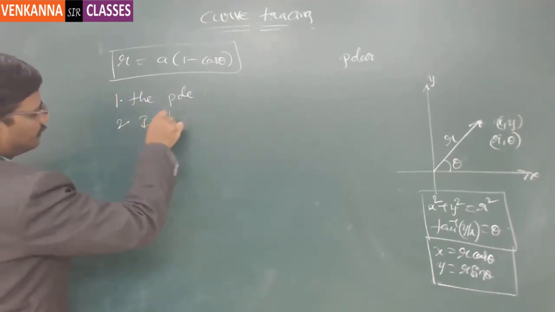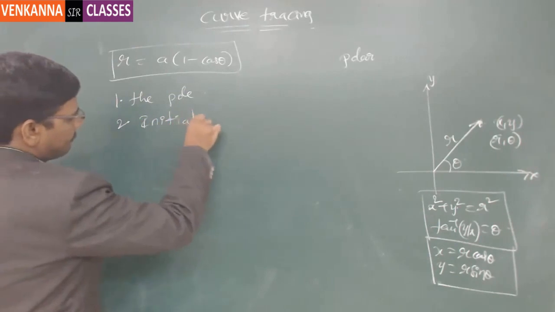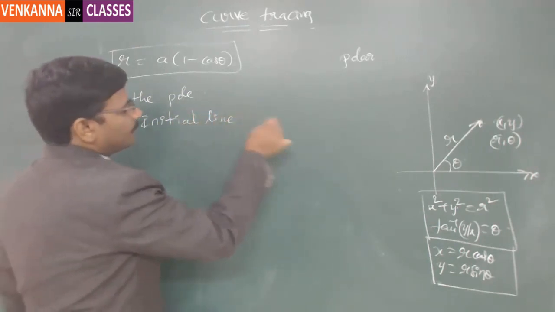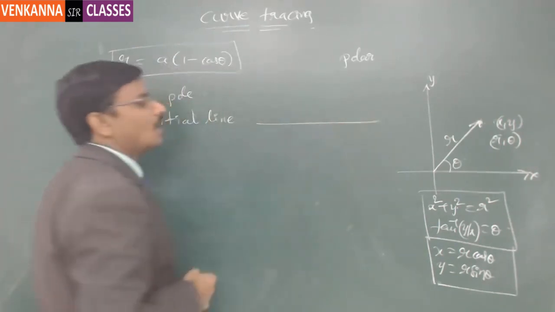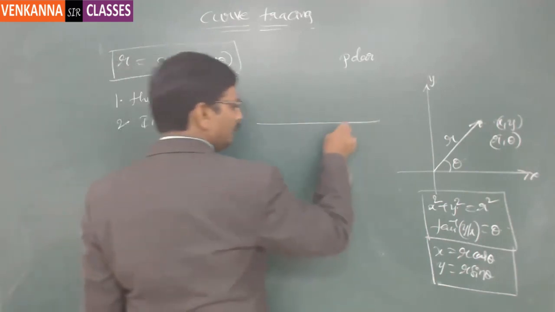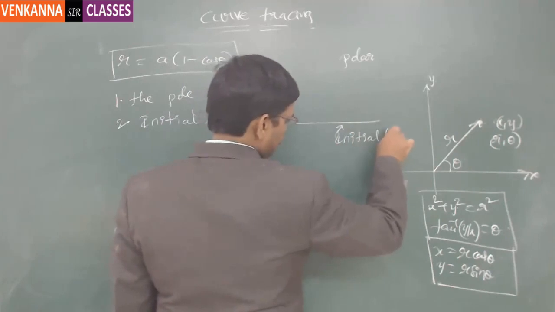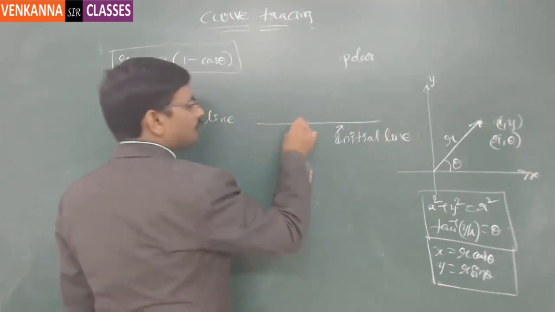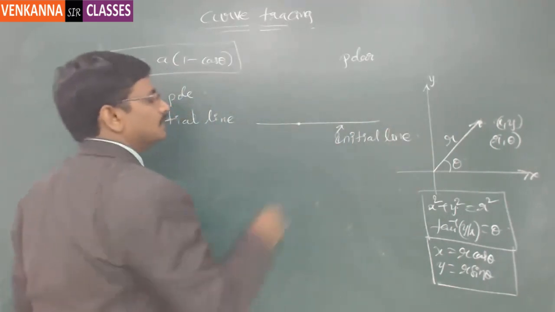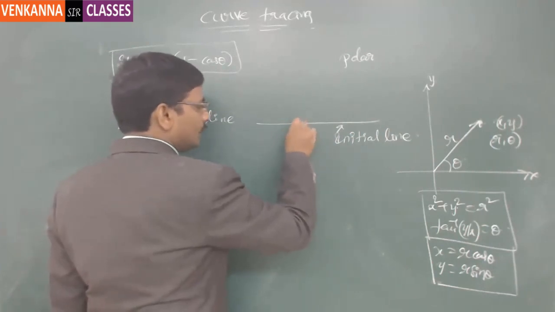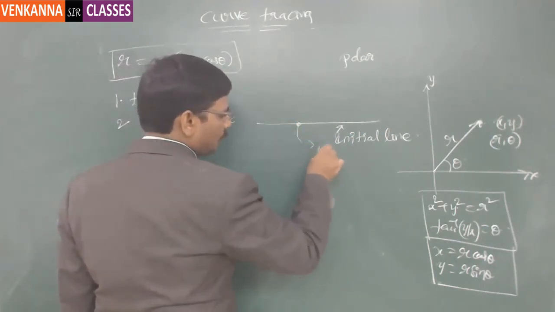This is the convention. If you draw a horizontal line like this, we call it the initial line. And the point from where you start counting the radius, we call the pole. So this point is the pole.